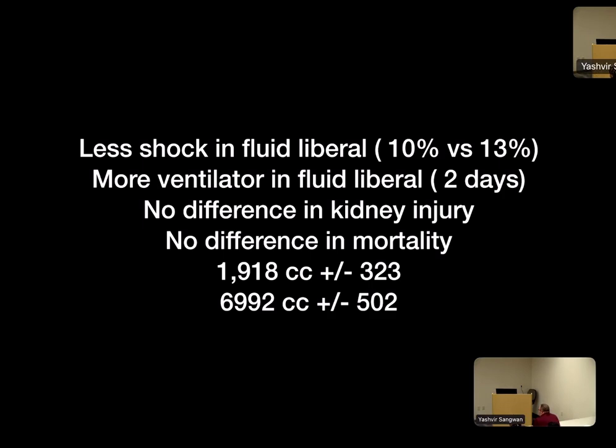But if you give too much fluid, then they will be on the vent, they won't be on the pressor, and then you are in trouble because they are still in the ICU, and I just want my ICU empty if possible. Okay? But no difference in kidney injury, because if you are fluid conservative, you'll have more need for dialysis because you have renal failure, and if you are fluid liberal, you'll have more need for dialysis because you want to take out volume. Okay, no difference in mortality. All right, so not a very helpful trial.